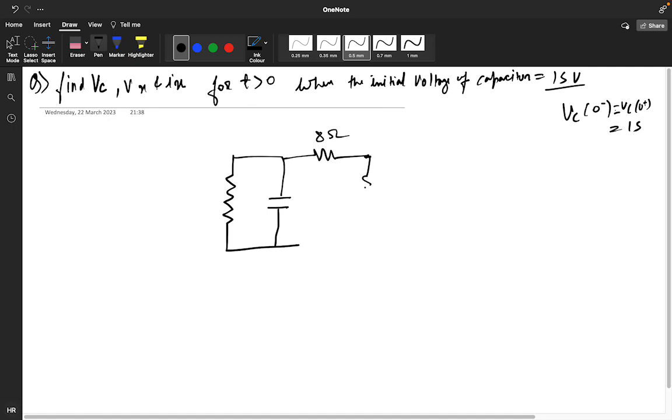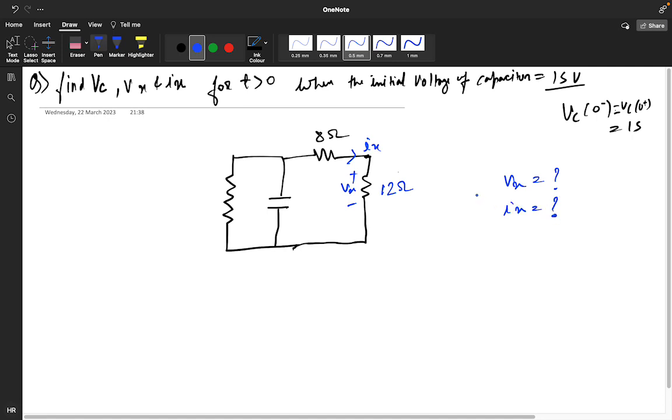This is 8 ohm, this is plus minus Vx, and here Ix. And this is 12 ohm. So you need to find the Vx value and also the Ix value.